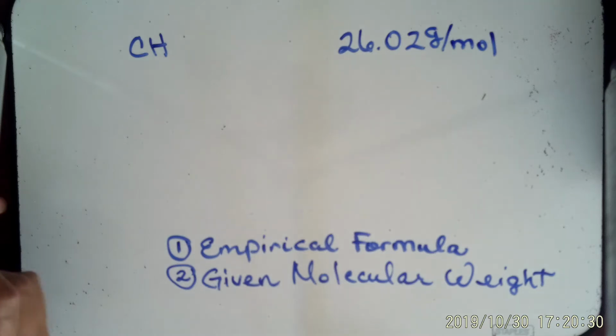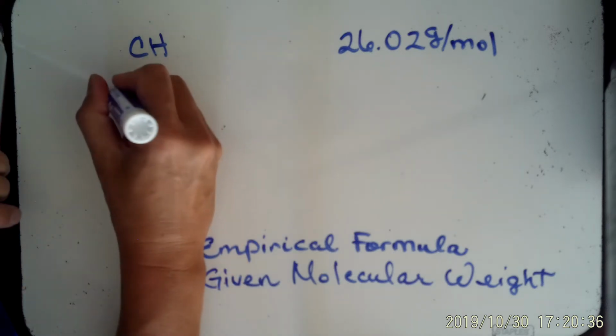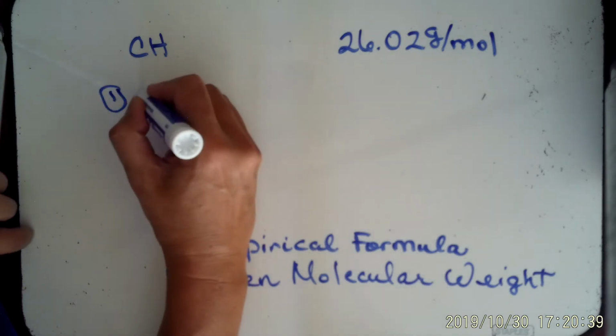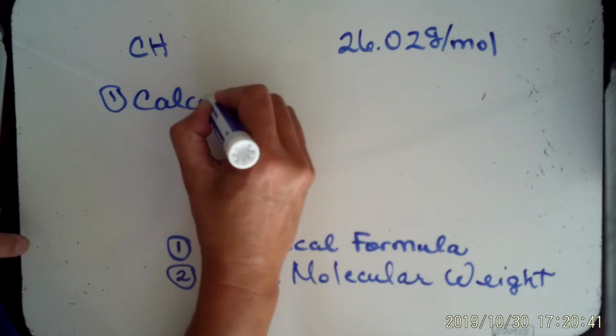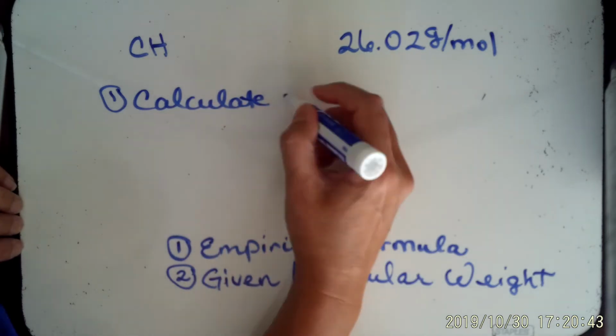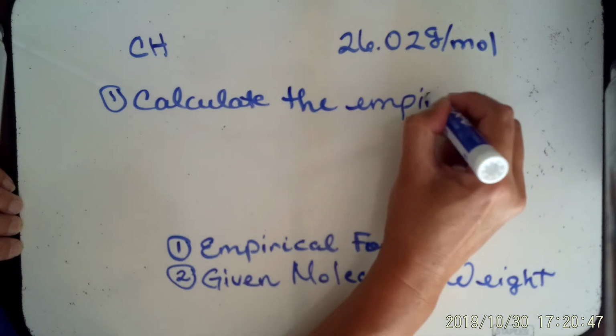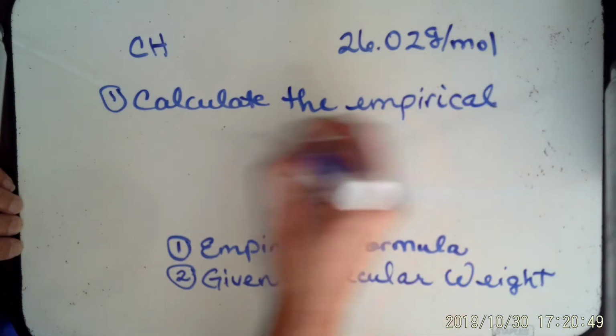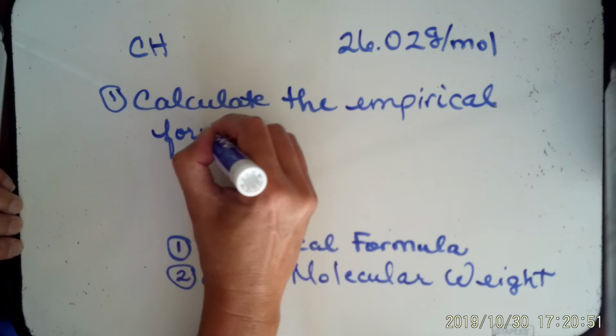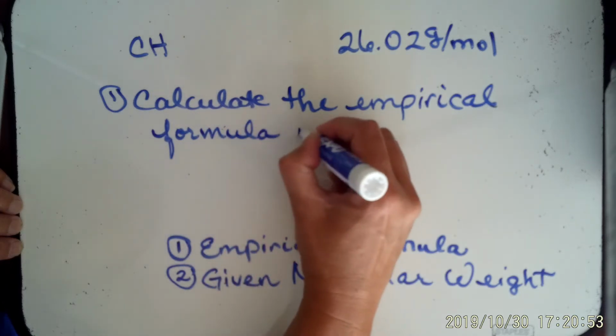Okay, so the steps we take are: 1, calculate the empirical formula weight.